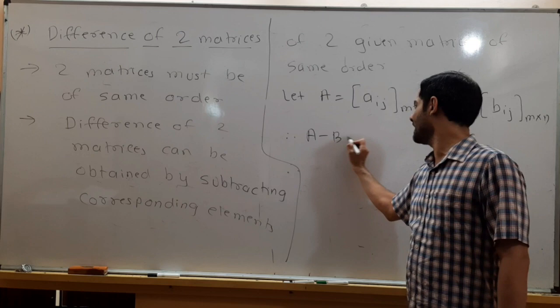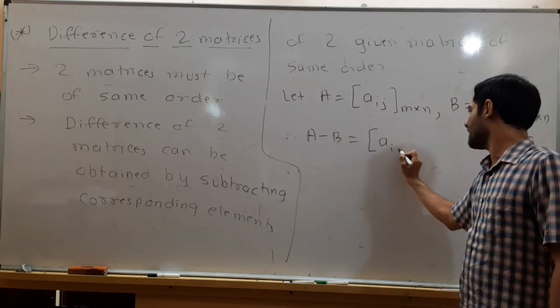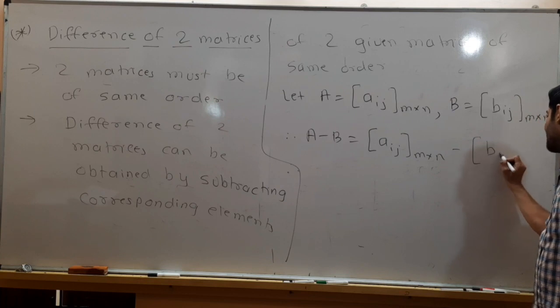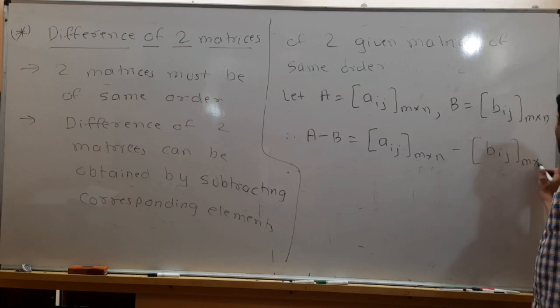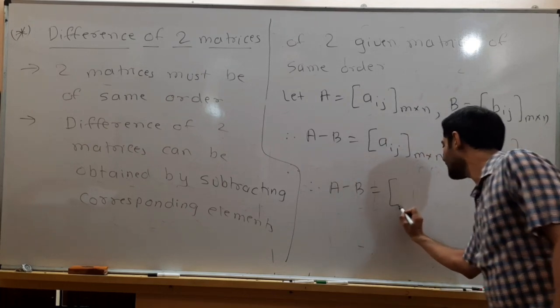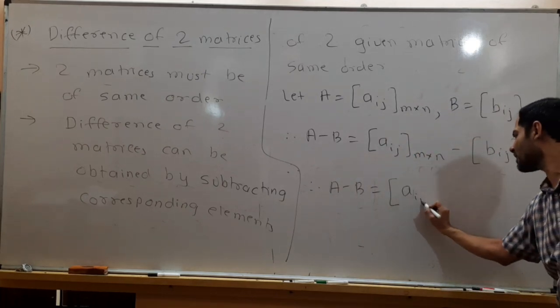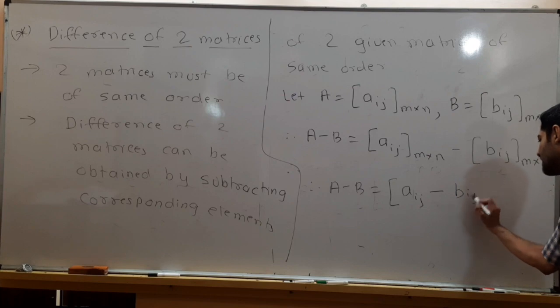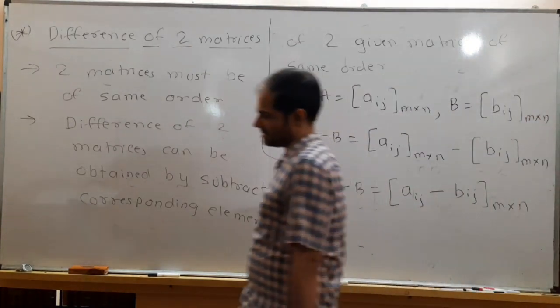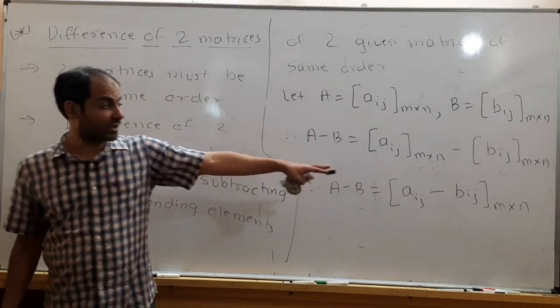So A minus B is Aij minus Bij, obtained by subtracting the corresponding elements, of the order n cross n.